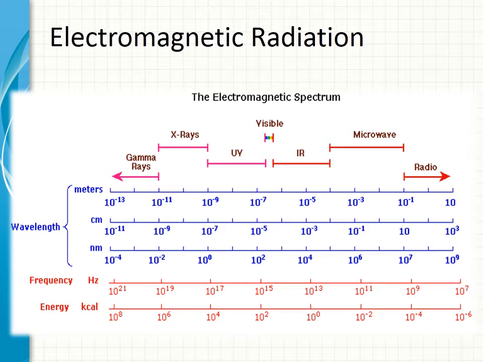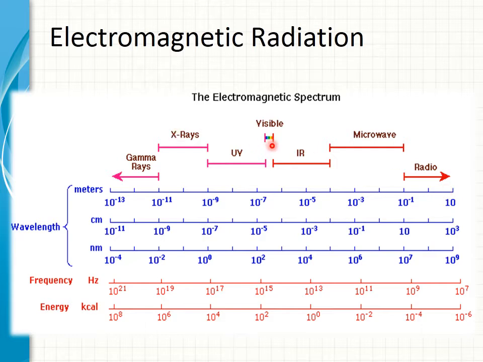This figure represents the wavelength and energy of different types of electromagnetic radiation. On the left side, you can see the radiation with the highest energy, which are the gamma rays. As we move towards the right side, we see the electromagnetic radiation with greater wavelength and smaller energy.